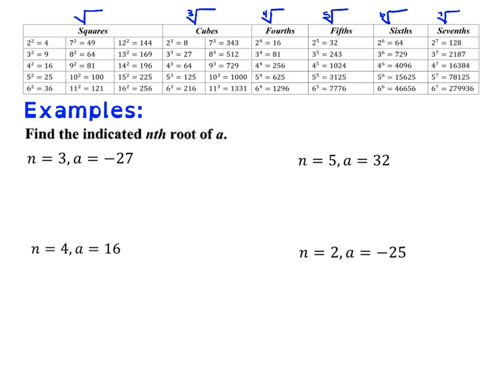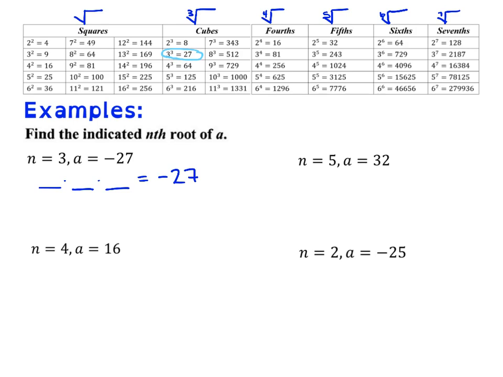The third root of negative 27, the nth root of a. So n is 3 and a is negative 27. What number multiplied by itself 3 times equals negative 27? How do I figure that out? Well, I look at my cubes and say I get 27 if I multiply 3 by itself 3 times.